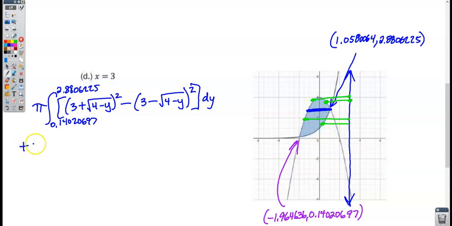And I'm going to add to that pi times the integral from 2.88. Wait a second, what did I do there? Oh, I did the above. I did the curves above, so I'm going to change my limits of integration instead of changing my curves.